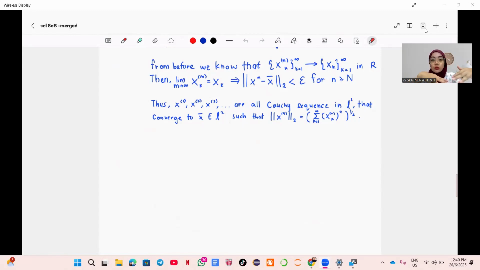So to conclude, the completeness of L2 ensures that this space is stable, well-behaved, and reliable for many advanced applications in both pure and applied mathematics. And that is why this result is not only fundamental, but also very powerful.